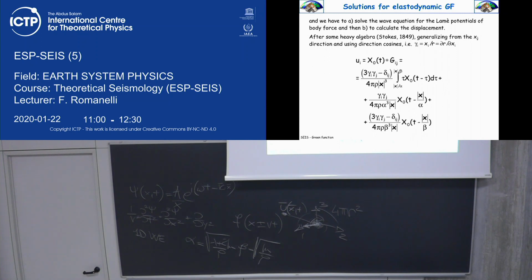The three components of u are related to the Green's function, because the Green's function is a tensor whose first index is telling you the 3 components at the receiver given 3 components at the source. Okay, so that's the Green's function. How is it made? With these 2 pieces.